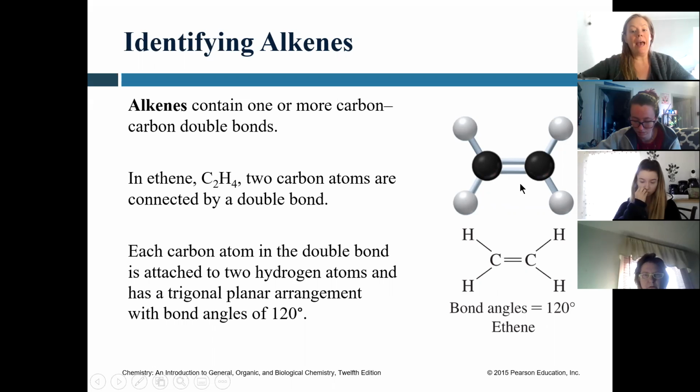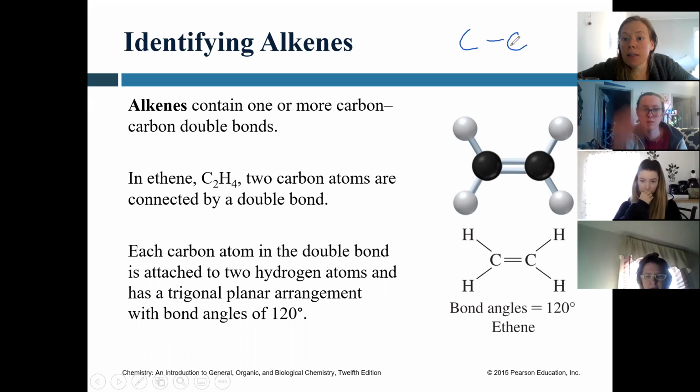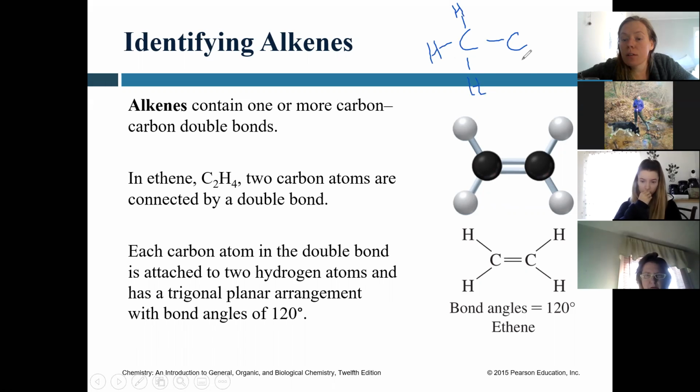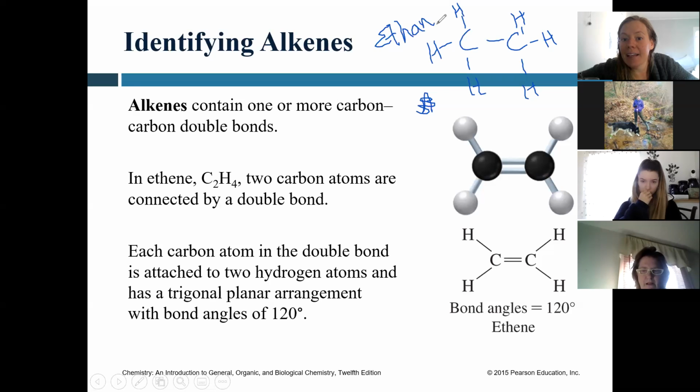Okay, if we are looking at ethane, which you should be comfortable with already, that would be carbon bonded to carbon single bond, and we would have a hydrogen, a hydrogen, a hydrogen, and then hydrogens over here, okay? So this would be E-T-H-A-N-E.